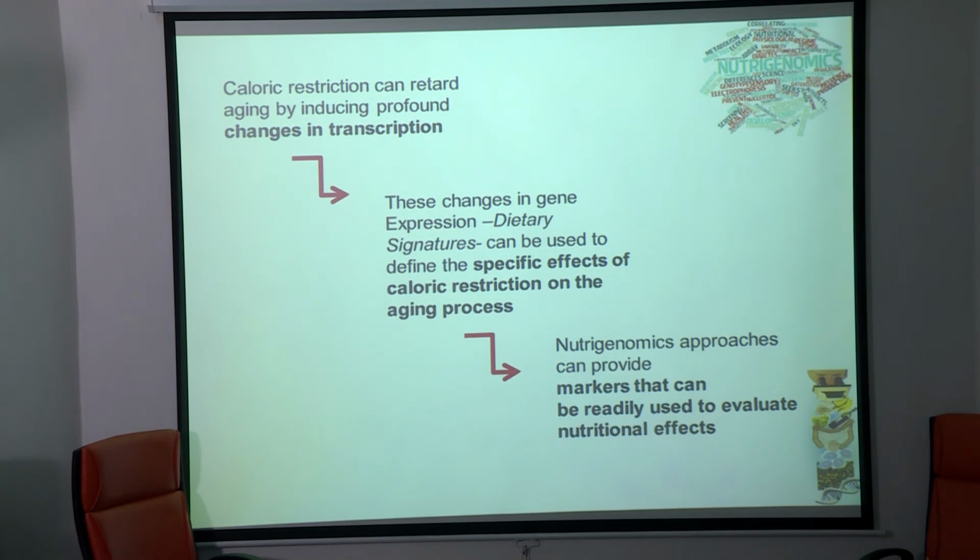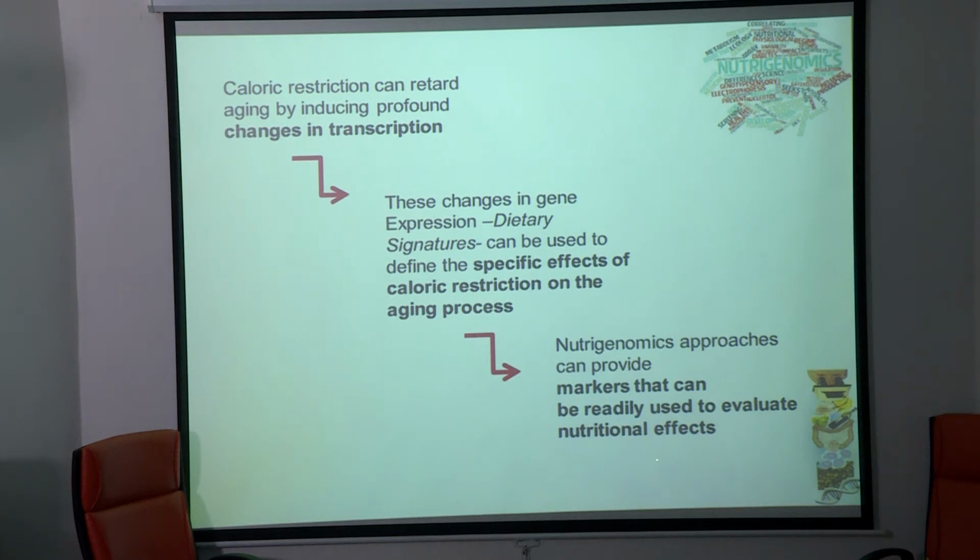So calorie restriction can retard aging by inducing profound changes in transcription. And these changes in the gene expression, which are the dietary signatures, can be used to define specific effects of calorie restriction. Now they have seen that these are the dietary signatures which are produced as a result of restricting the calories. They were captured, and hence nutrigenomic approaches can provide markers that can be readily used to evaluate nutritional effects.